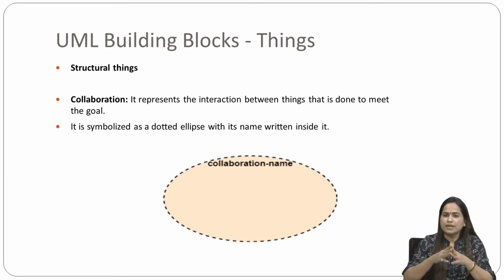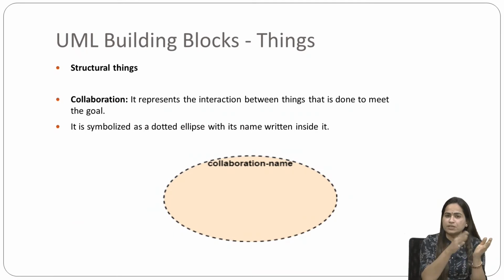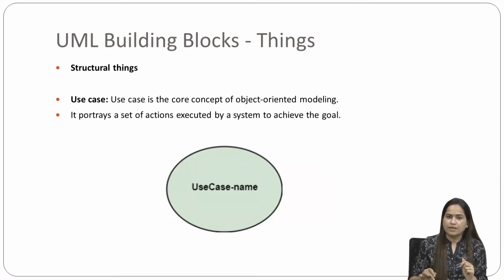It is symbolized as a dotted ellipse with its name written inside it. It indicates the interaction between different things. Whenever we have diagrams, collaboration will come when we want to define the interaction, and in it we have to write the name.